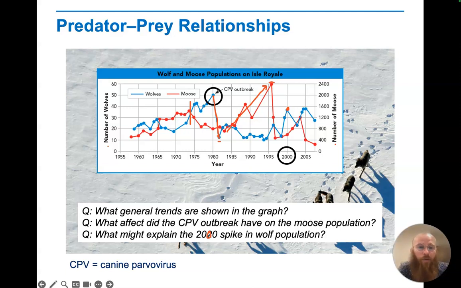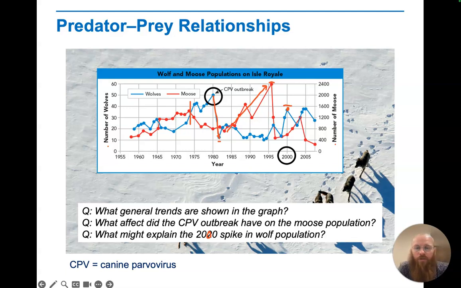So hunting was probably good for the wolves in those years. And because survival was easier, reproduction was easier as well. And so in response to this spike in moose population, we are going to see a spike in wolf population.